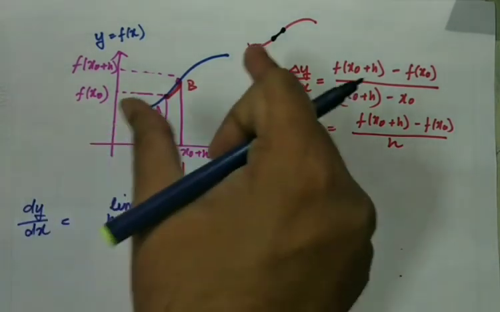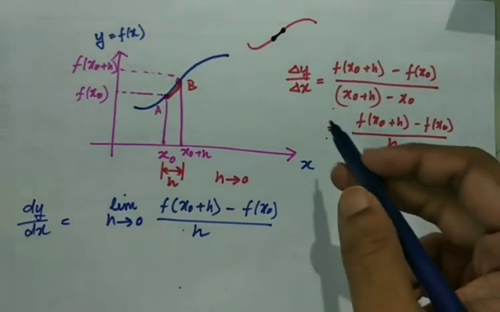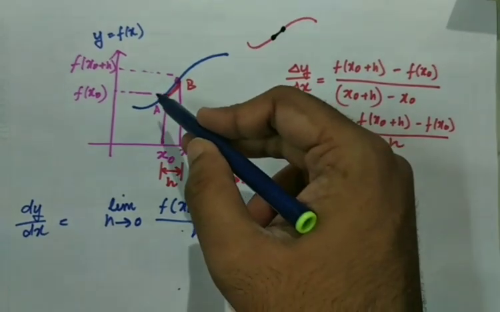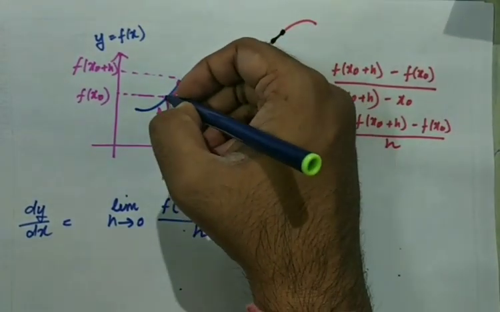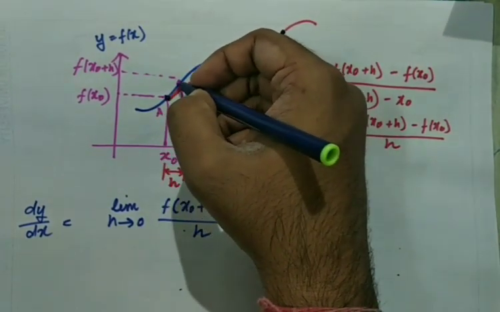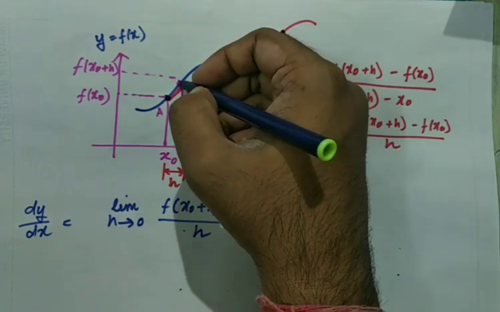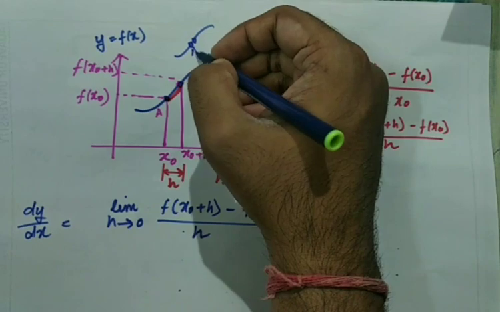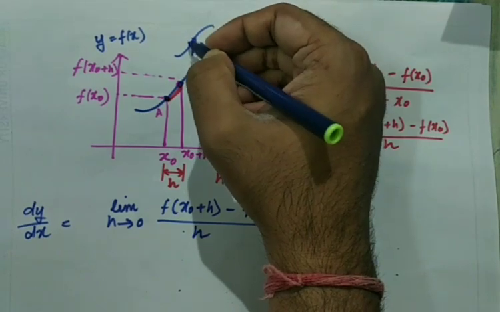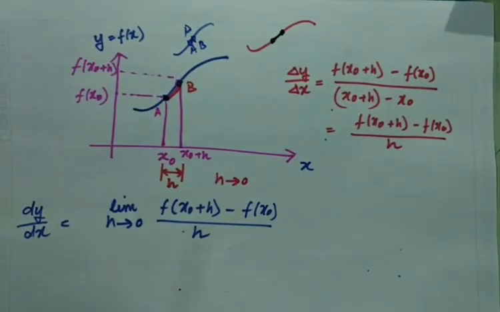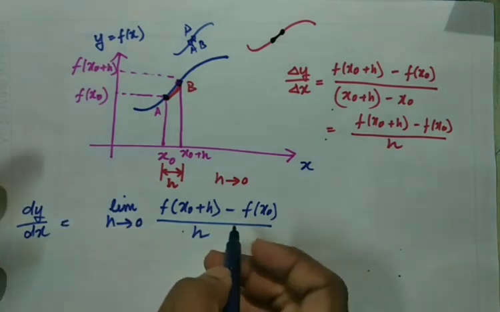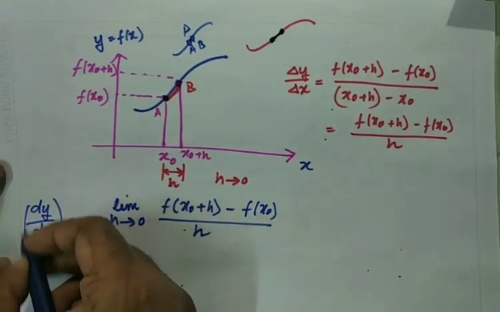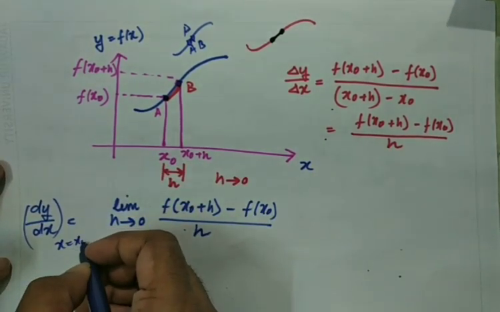For a gross change, we used to write del y by del x. But for instantaneous change, that means just from point A, we are moving to just the next point, point B. That means in the actual curve, this will be somewhat like this, A and B, or say the same point, that is P. So dy dx, say at x is equal to x naught.